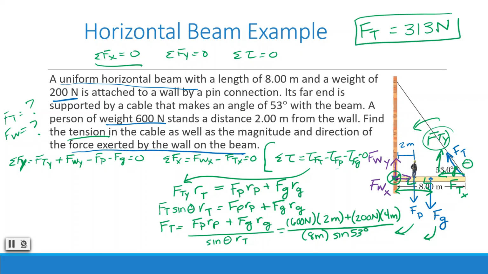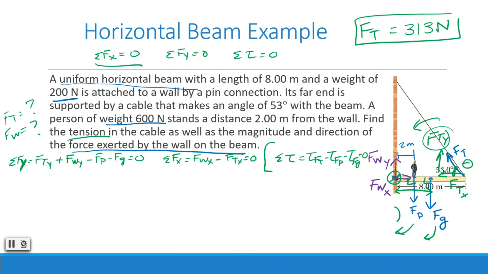So we were able to find that tension without knowing anything about how the forces of the wall are coming into play. So now we need to find the x and y components of that force of the wall. So that's where these other two equations come into play. So we're going to start over here. Fwx is going to be Ftx.